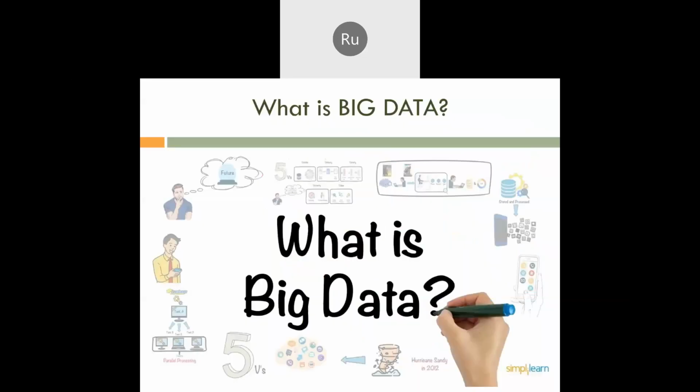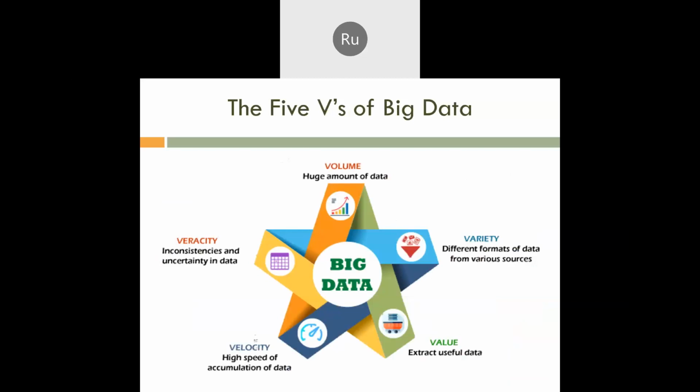But now people talk about big data, right? What is big data? This is the question that we need to look into. We need to define what is big data. Big data can be defined using 5V. The first one is volume, a huge amount of data, and the second one is variety.